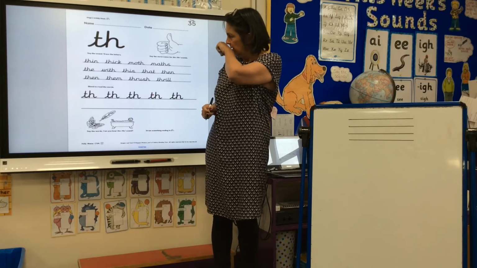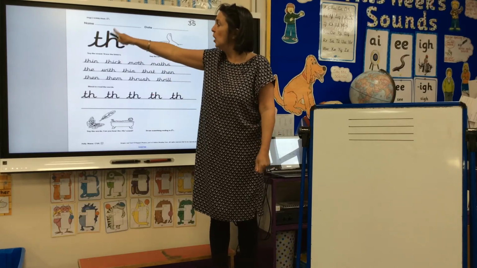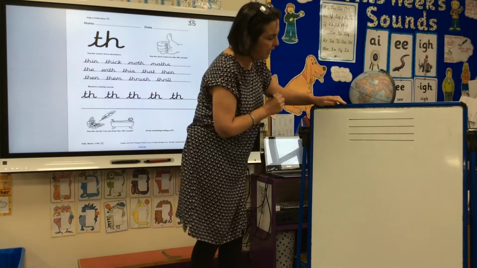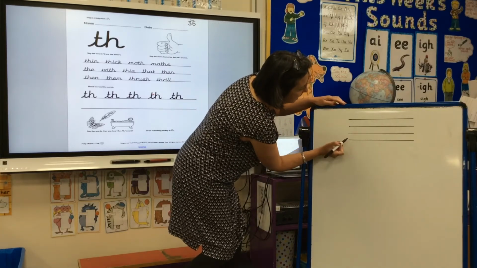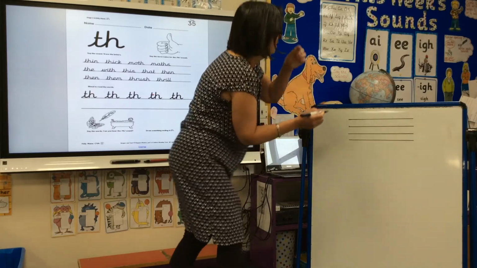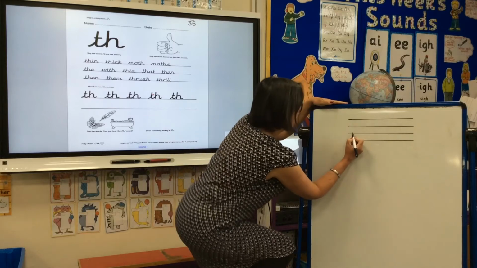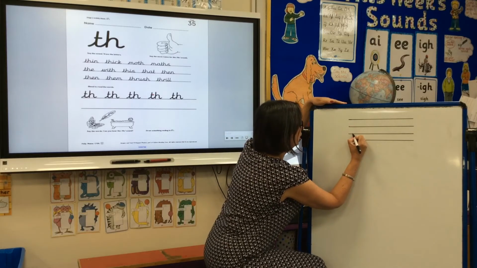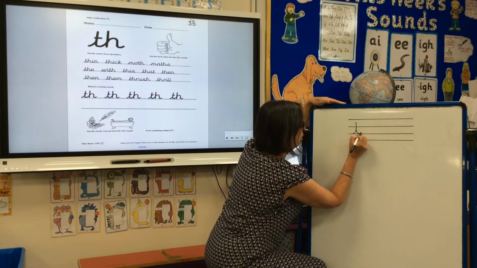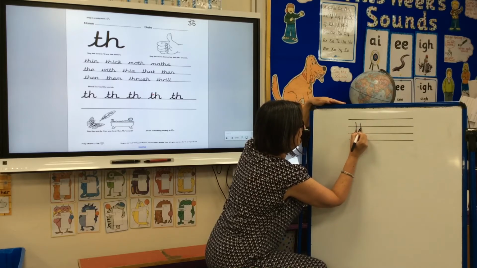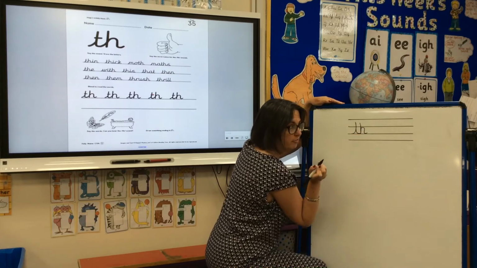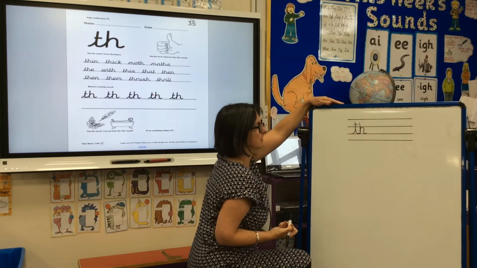So remember that when you do your digraph th, you start on the line, and remember that this is the sky and this is the ground, okay? And we start, I'll put my glasses on, and we go on the line, up high into the sky, back down onto the ground, and then go on up into the sky again, back down into the ground, over in the grass, flick, off, and then cross your t at the end, okay?